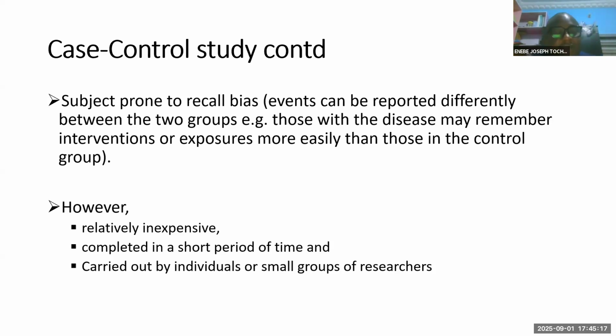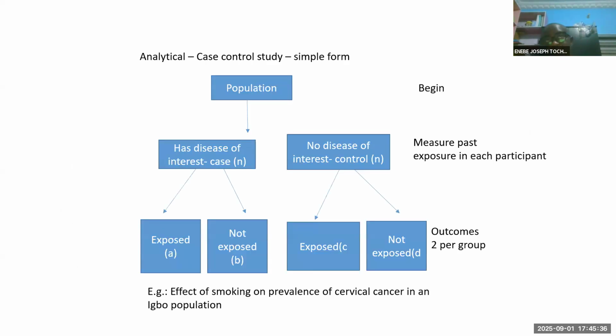However, this particular research is relatively inexpensive because you're not going to start feeding those patients with folic acid and then looking at how they develop over time. It can be completed in a very short time and carried out by individuals and small groups of researchers. So it's cheaper compared to the cohort type of study.